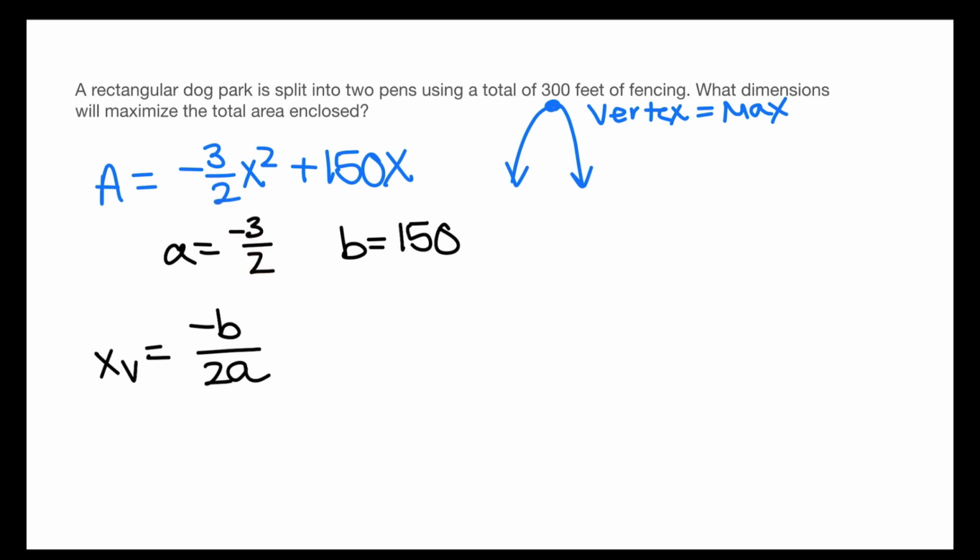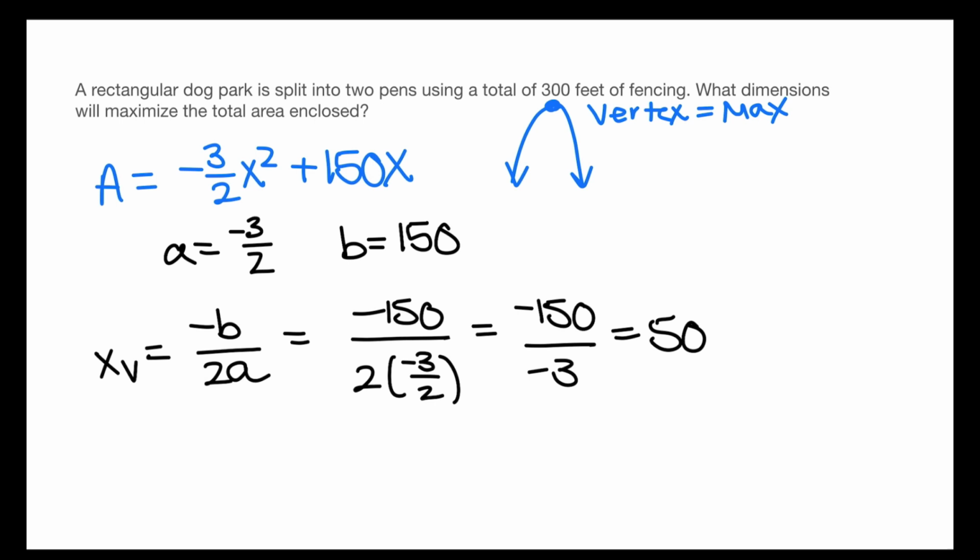So a is negative 3/2, and b is the number in front of the x, 150. I'm going to plug that into my formula: negative b, so negative 150, over 2 times a, 2 times negative 3/2. The denominator simplifies down to negative 3, so negative 150 divided by negative 3 is 50, and that's going to be the x value of my vertex.